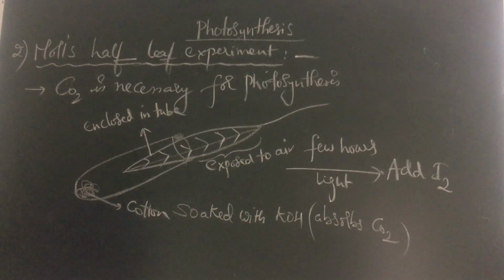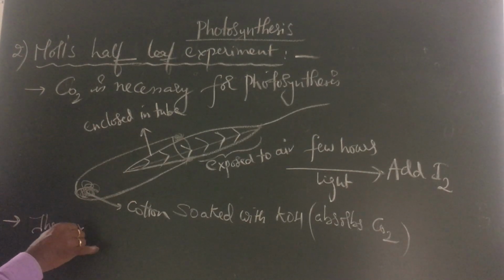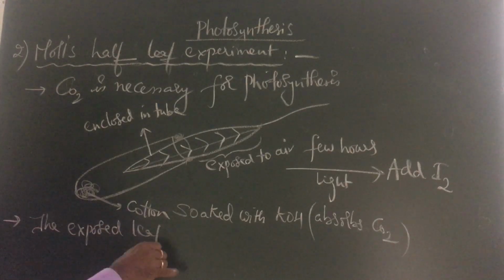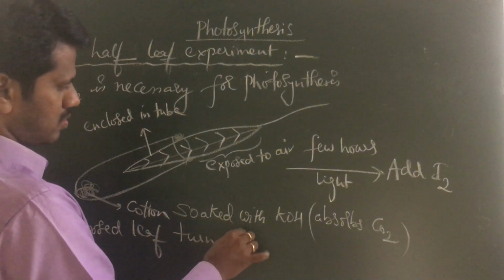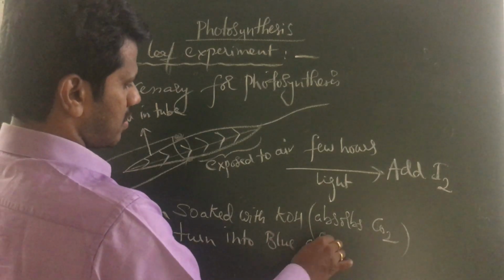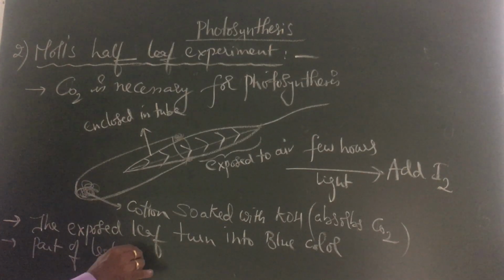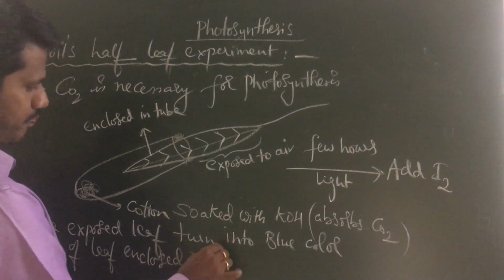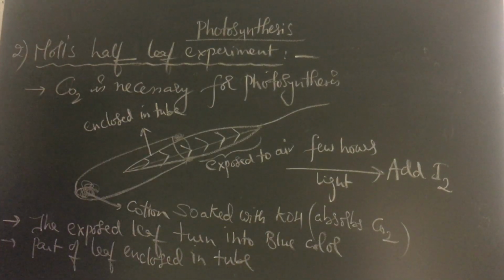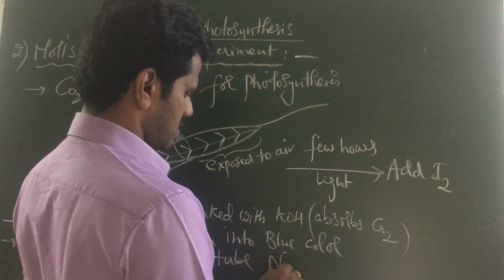Because when you add iodine, the exposed leaf turns blue, whereas the part of the leaf enclosed in the tube is non-blue.